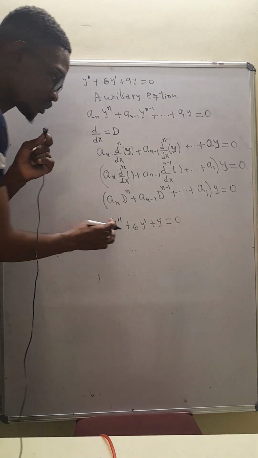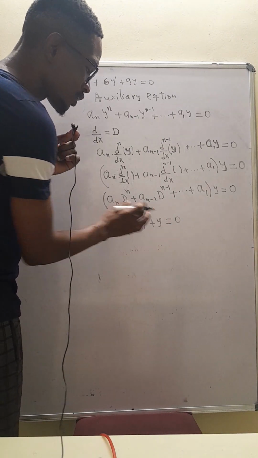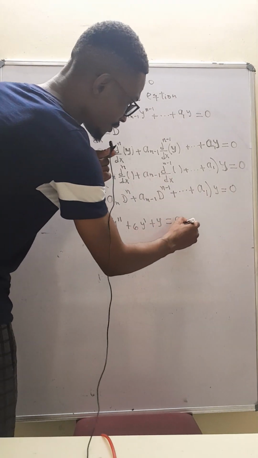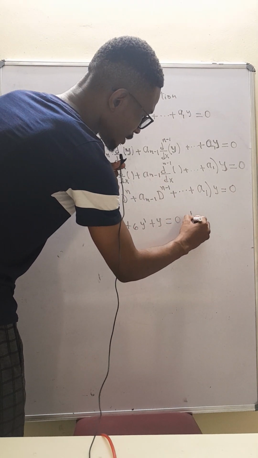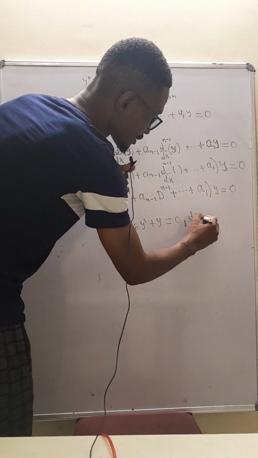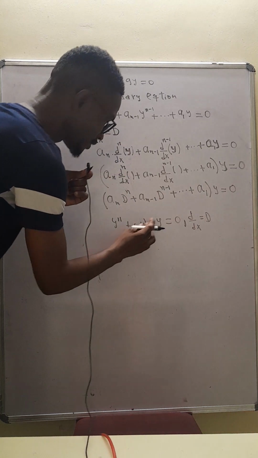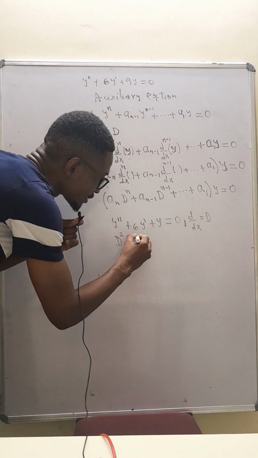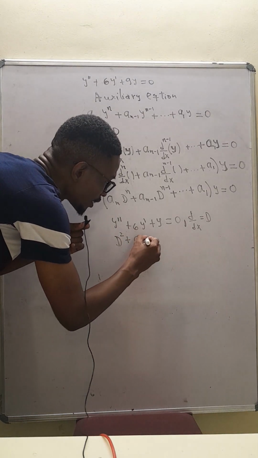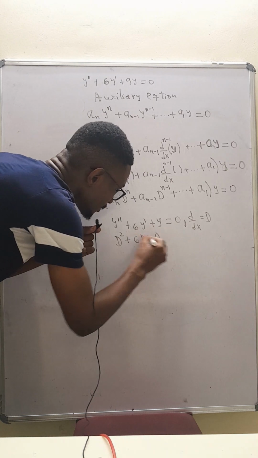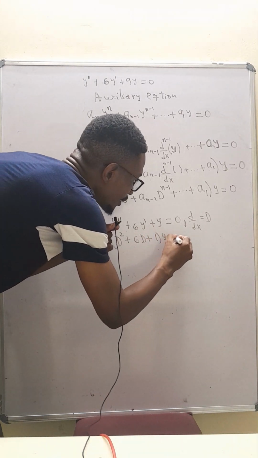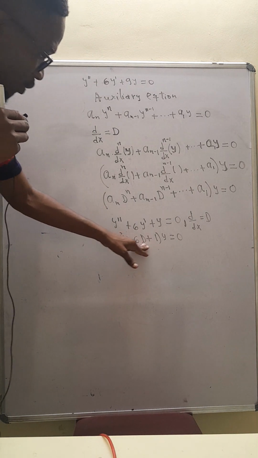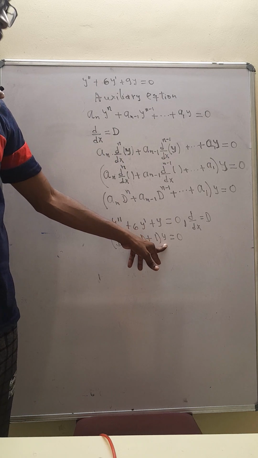Now just consider that you are taking out your dependent variable y, and make d/dx equal to D. So what you are going to have is D squared, plus 6 times D to the order 1, plus 1, equal to 0. Your auxiliary equation will be this one only. Forget about this y.